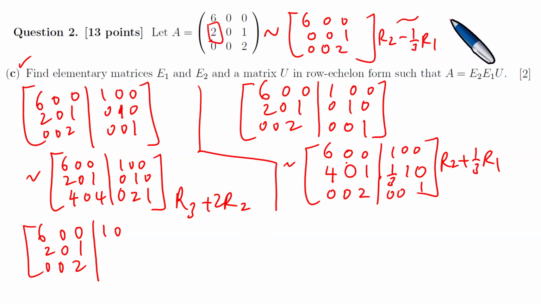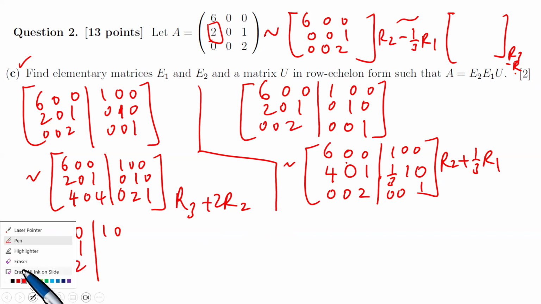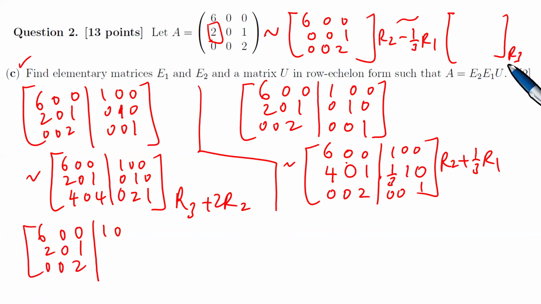Now it works. You can say row 3 minus 2 row 2. Yes, well done. Minus 2 row 2. Correct.